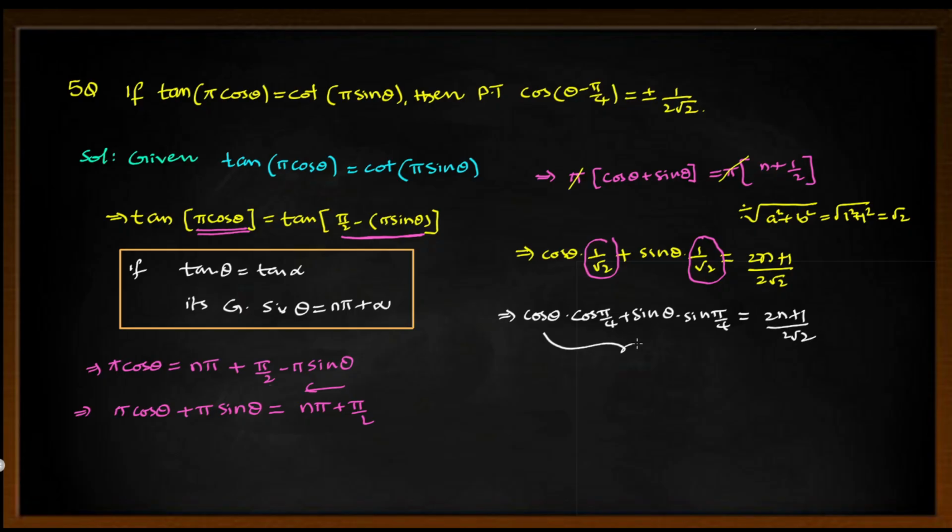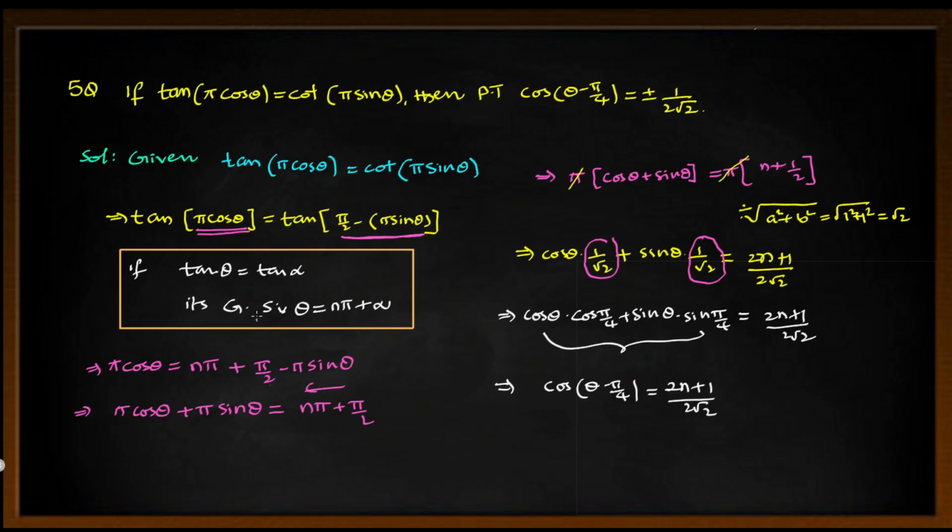We know the formula of cos A cos B plus sin A sin B is cos(A − B). So cos(θ − π/4) equals (2n plus 1) by 2 root 2.